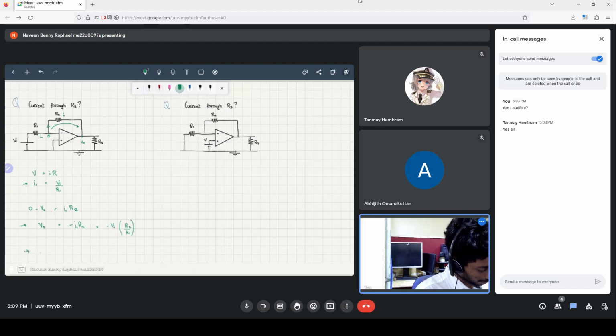Therefore, the current through R3 is V0 by R3, because the potential difference across R3 is V0 on the top and ground on the bottom. And we can solve for it using this. I hope that made sense.